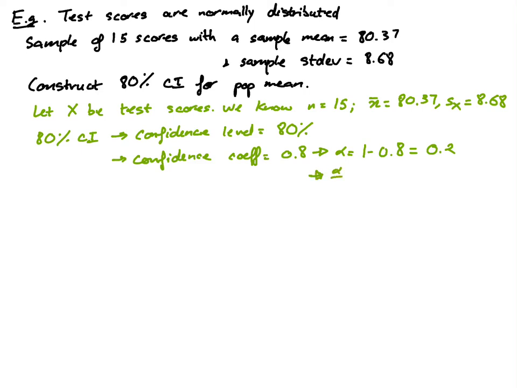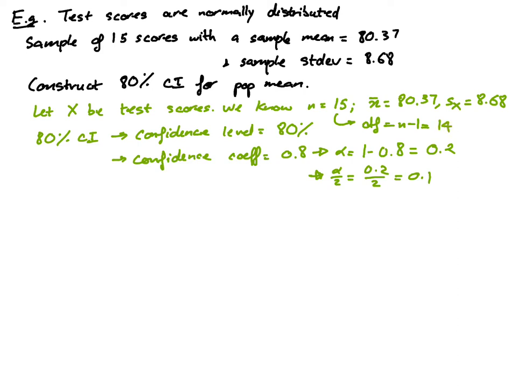And so alpha over 2 is going to be 0.2 divided by 2, which is 0.1. Okay. And here we have a sample of size 15, so our degrees of freedom is equal to n minus 1, which is 14. Okay.